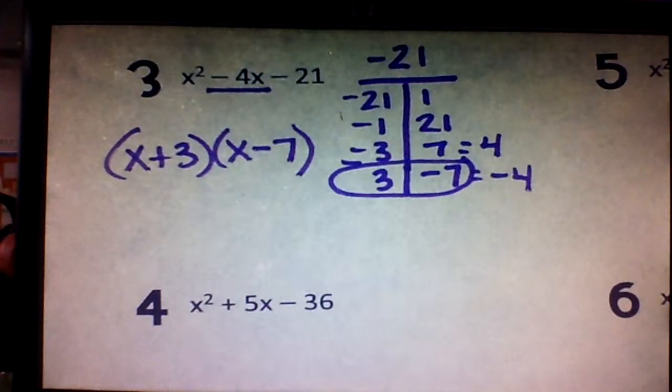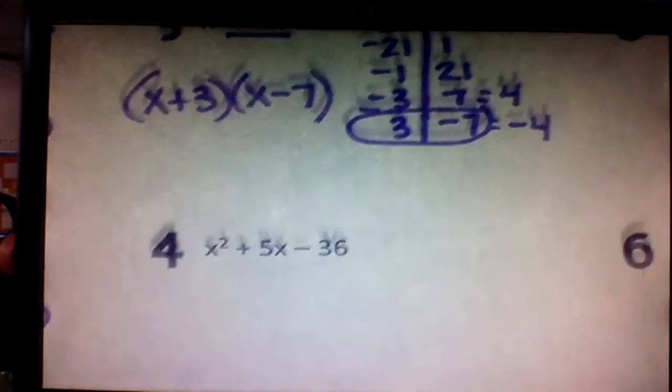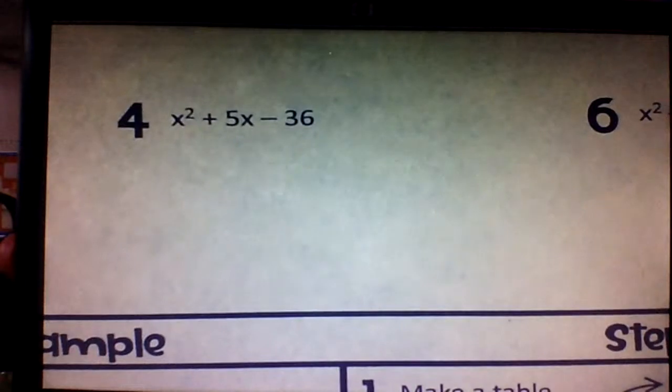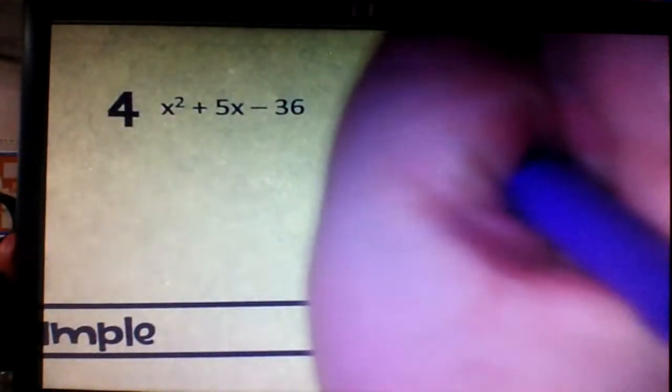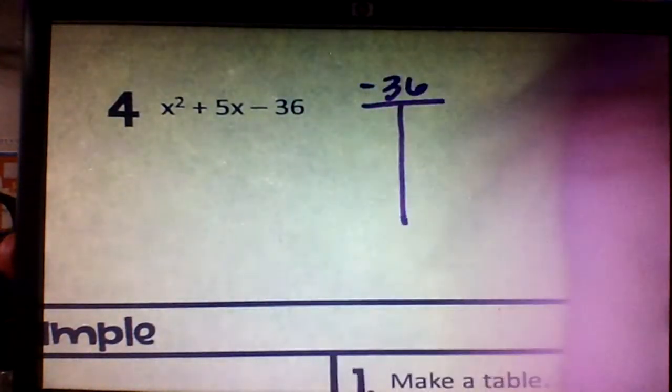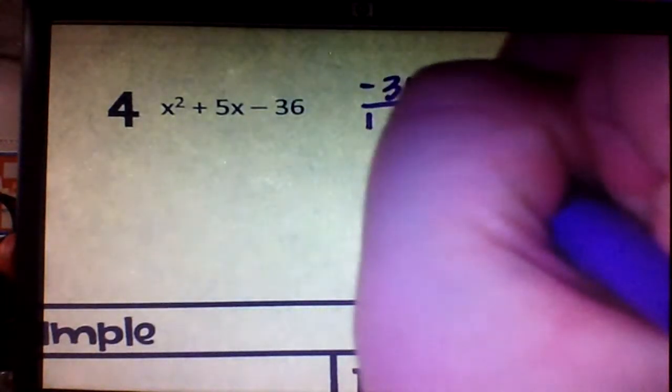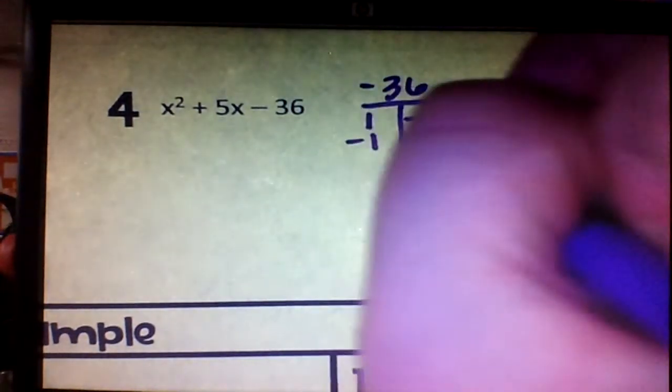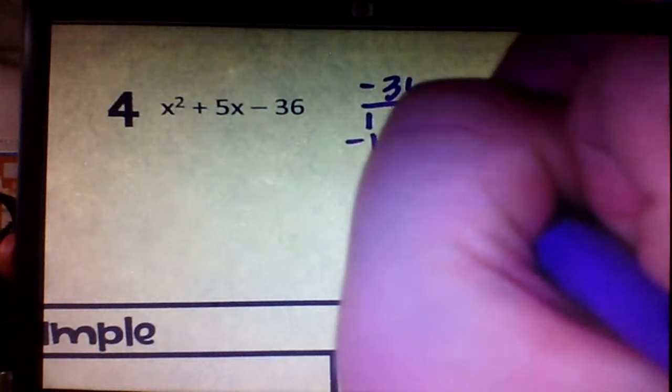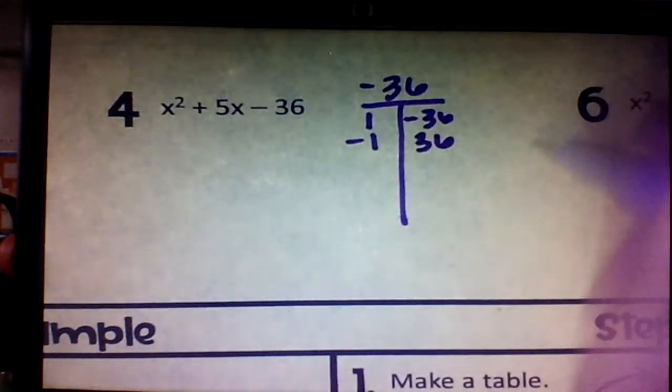Negative 36. So positive 1 and negative 36, negative 6 and positive 6, 4 and 9. Hold on, I'm going to try to do them in order.